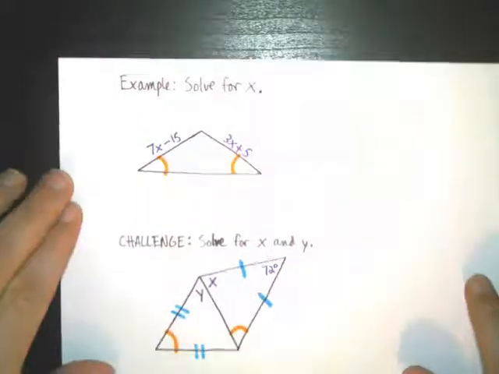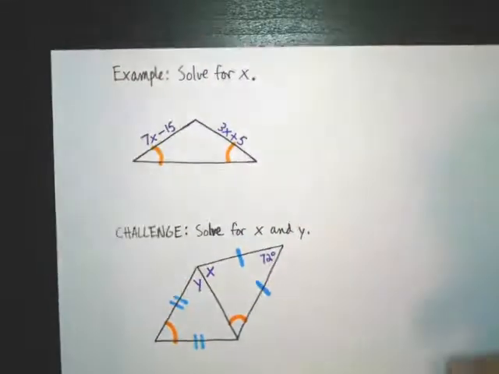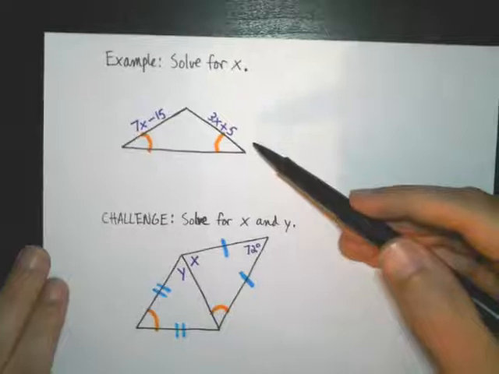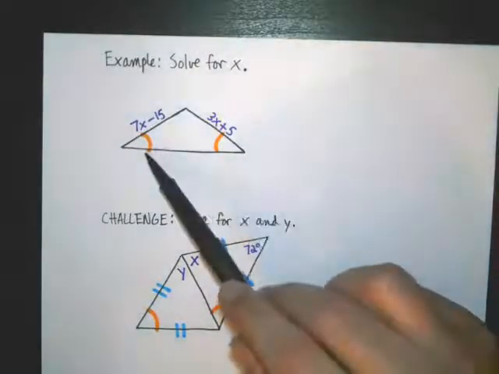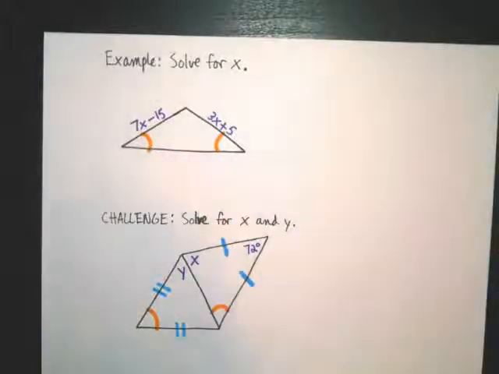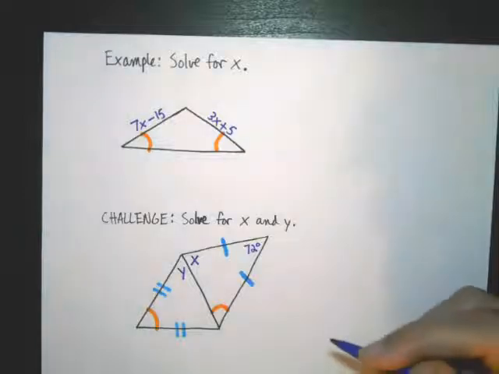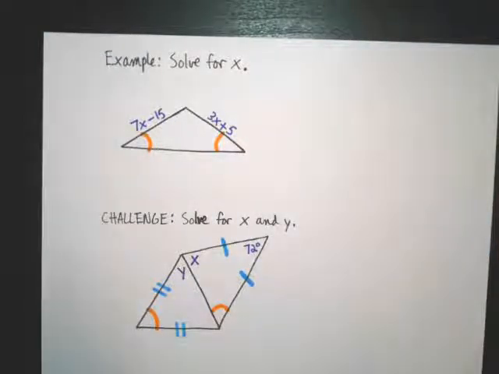Now I've got another example for us for isosceles triangles. This example says solve for x. We can tell that this is an isosceles triangle because the two base angles are congruent. And when the two base angles are congruent, we can assume that the legs are congruent.